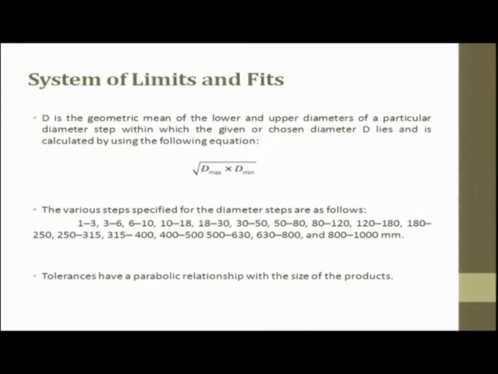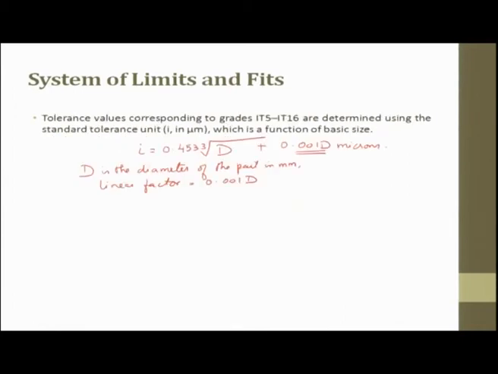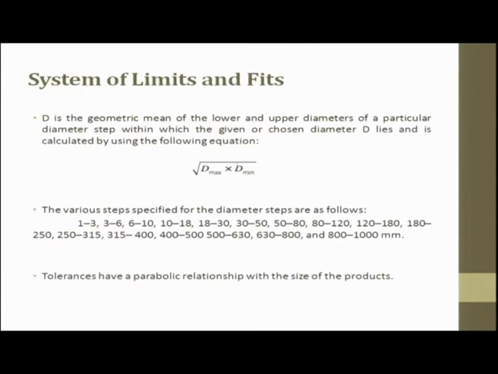So, we take the maximum and minimum, take the root, and then go back and use this D to get the i. The tolerance has a parabolic relationship with the size of a product. This relationship is very, very important, and these D max and D min are the values which are given in the step.